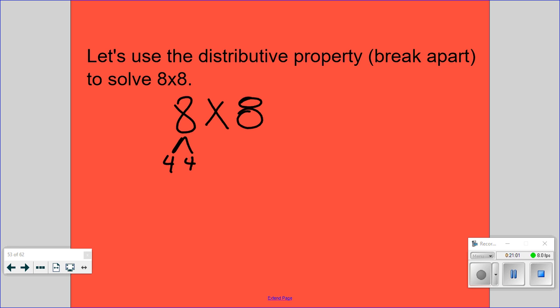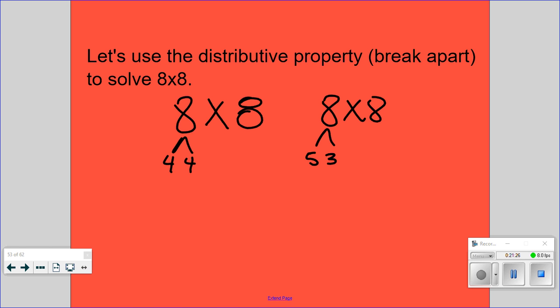Right? What else could I do? I can break it into 4 and 4. I can break it into, Brindley? 5 and 3. That'll work. Any other ways? Ethan? 0 and 8.